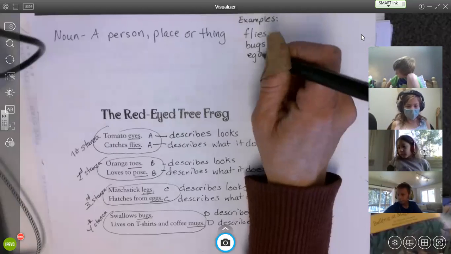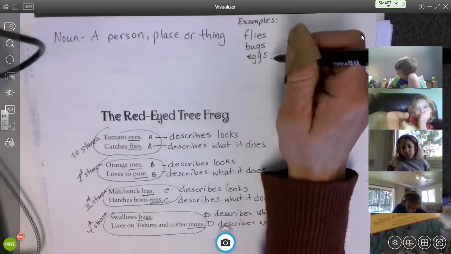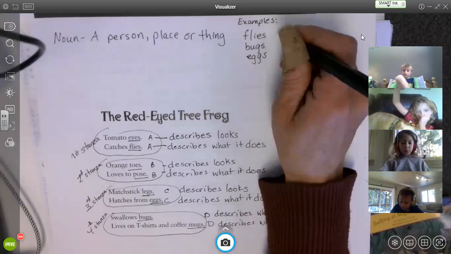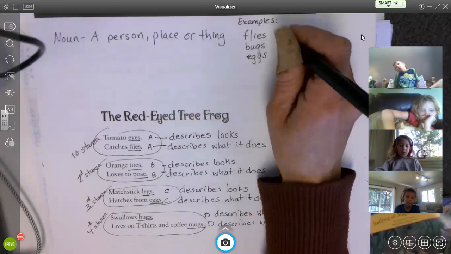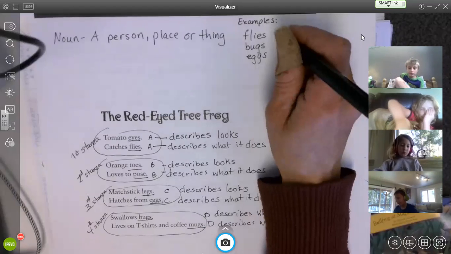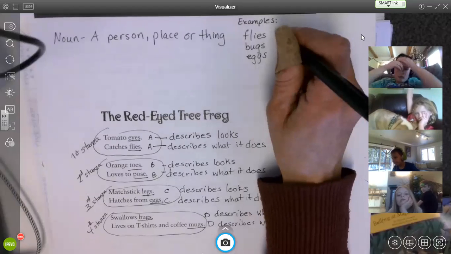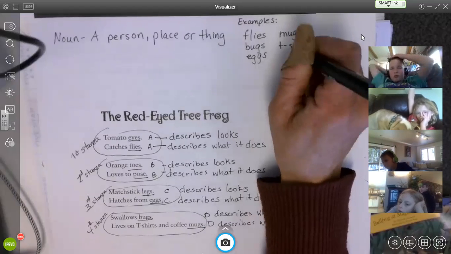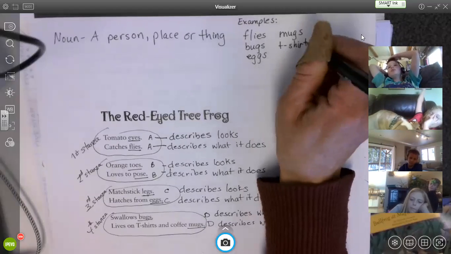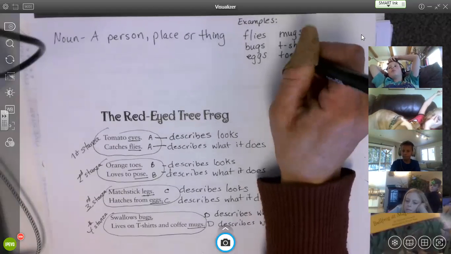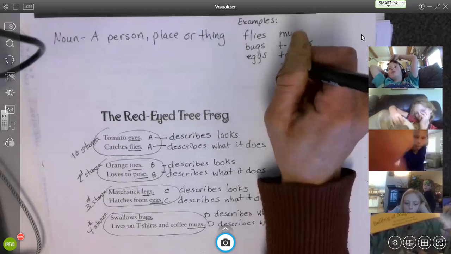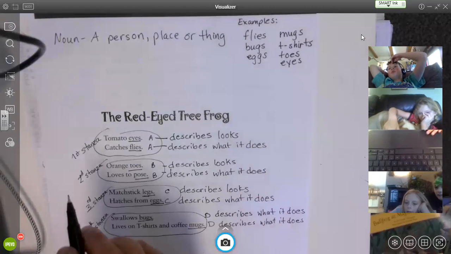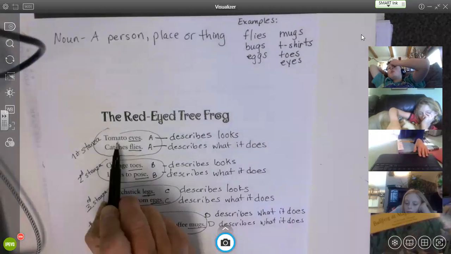Gavin, another example of a noun from this poem. Mugs. Bugs, yep. Don't forget mugs, something you drink out of. Don't forget t-shirts. Those are also things. Toes are things. Eyes are things. All of these are things. Tomatoes are things. But tomatoes being used as something else. Let's go to that next.